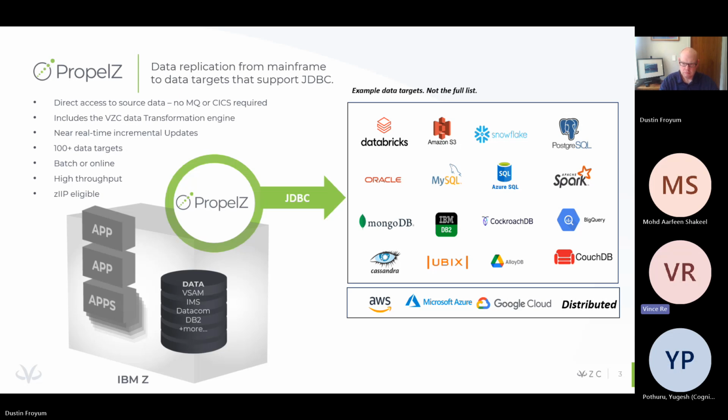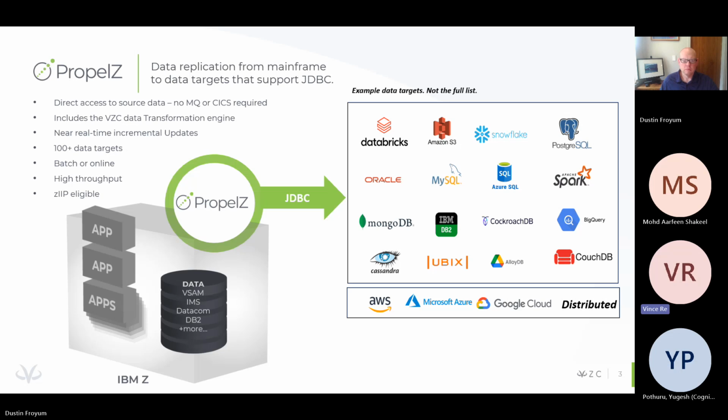And because we do that kind of thing in a standards-based way using JDBC, the number of targets we can support is huge. There's probably close to 100 different kinds of databases that we can target.